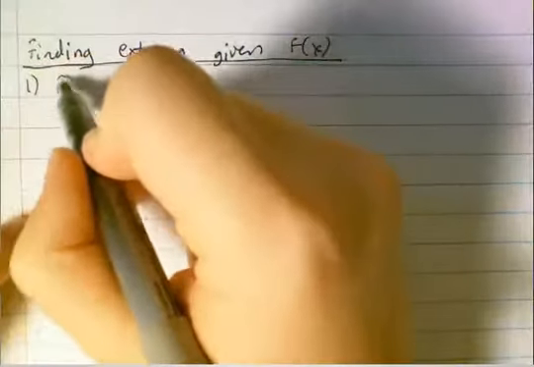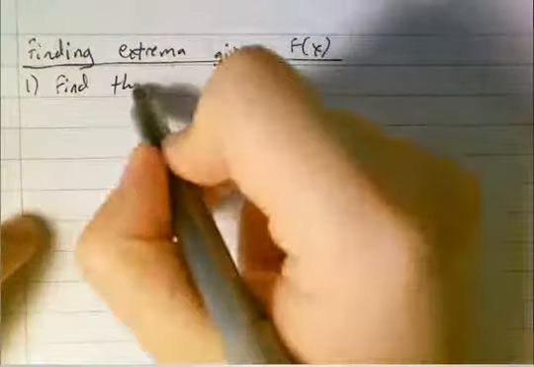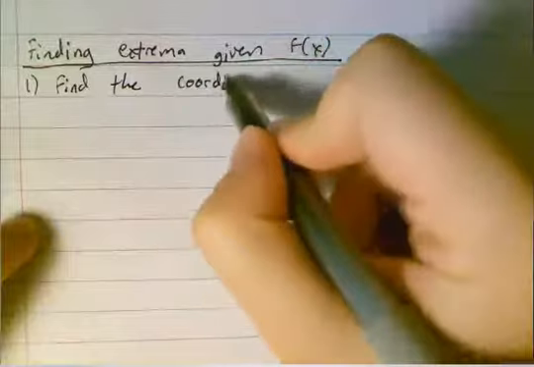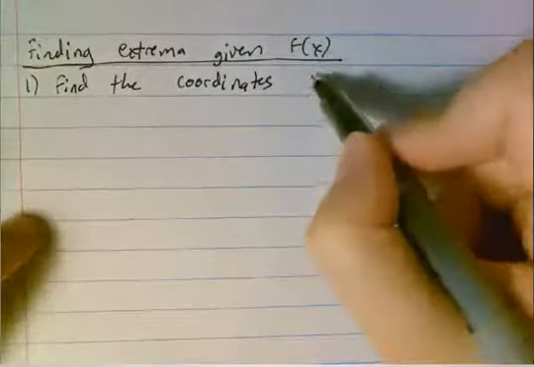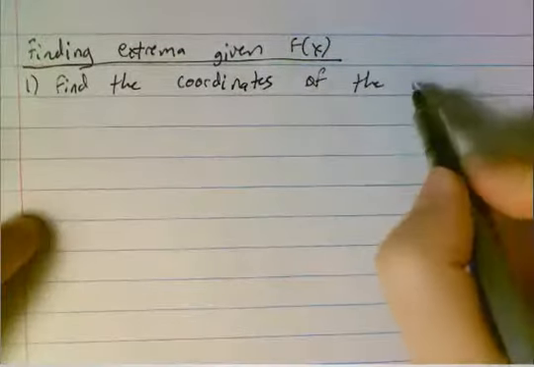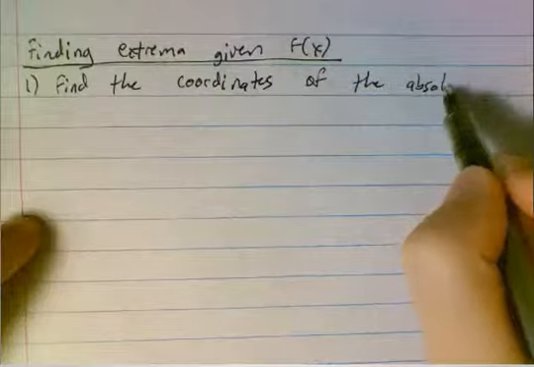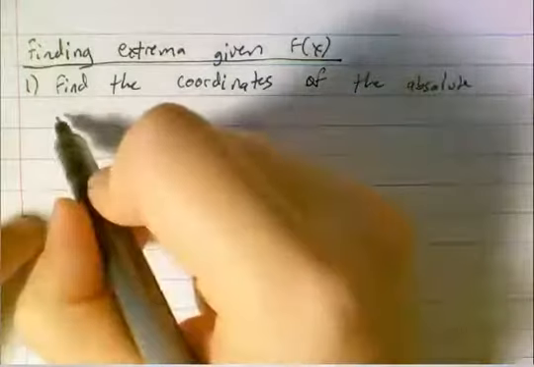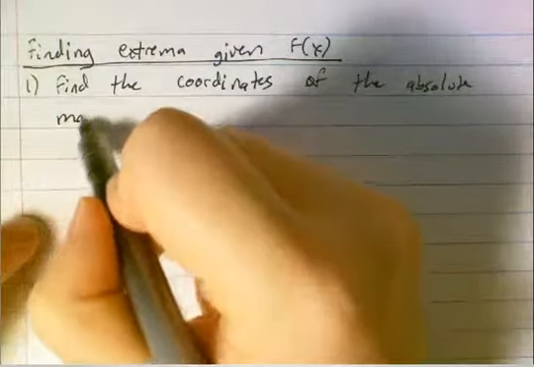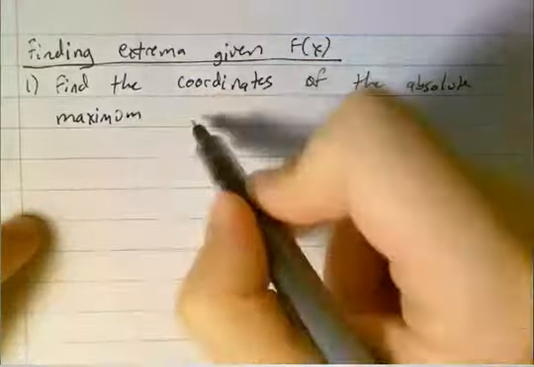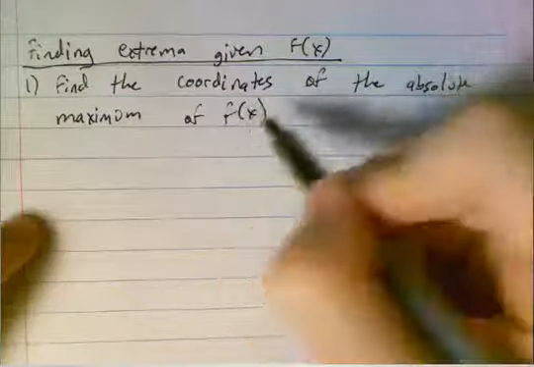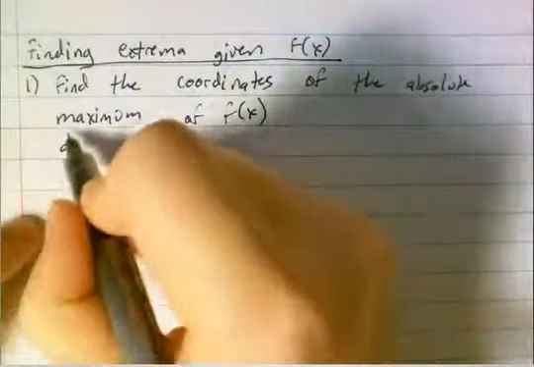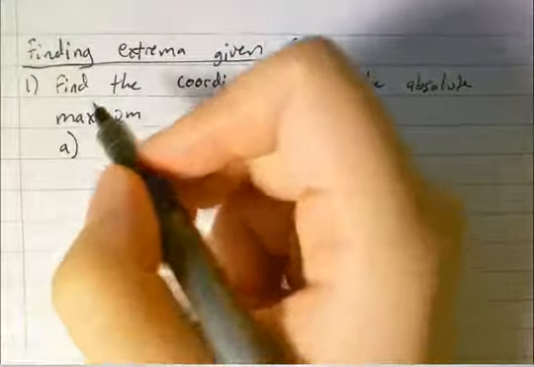So let's find the coordinates of the absolute maximum of f of x. And let's have one right here that looks like this.